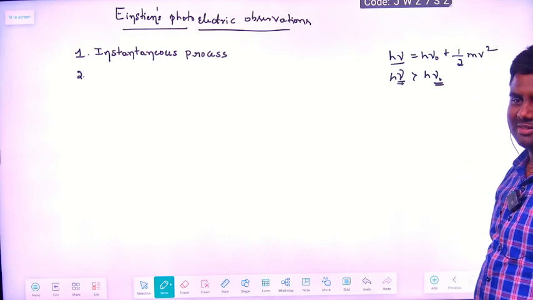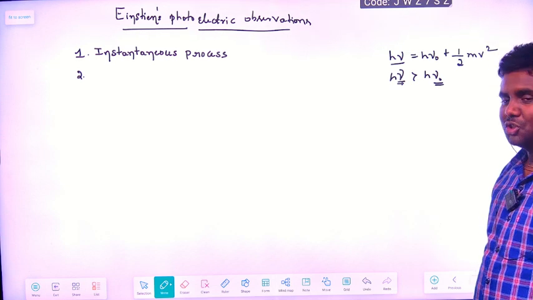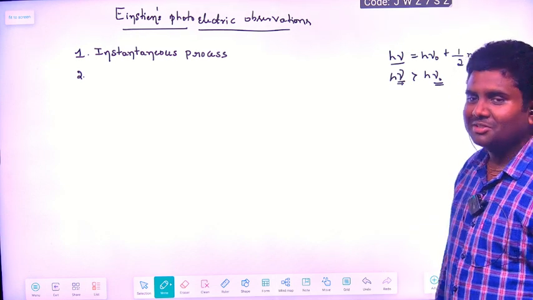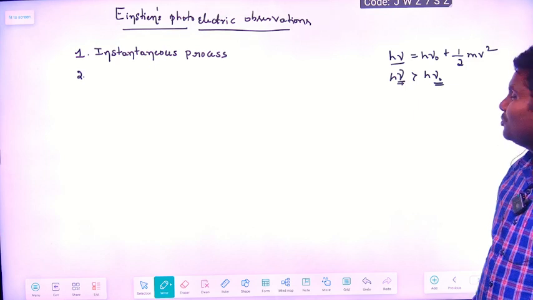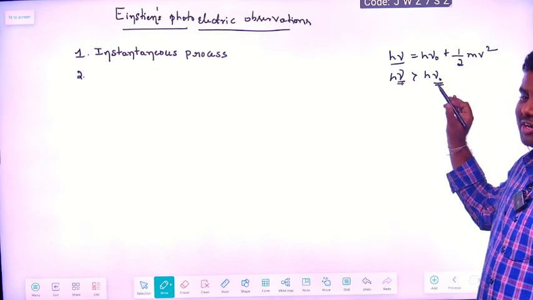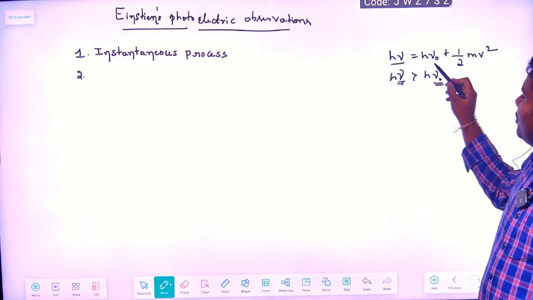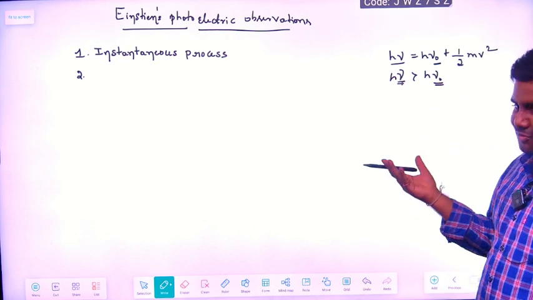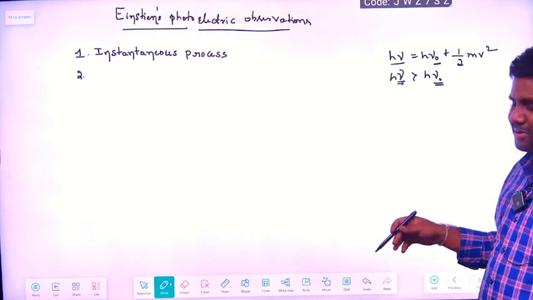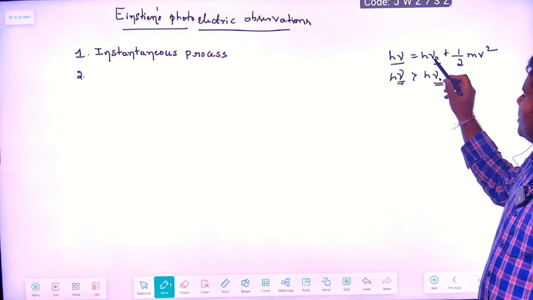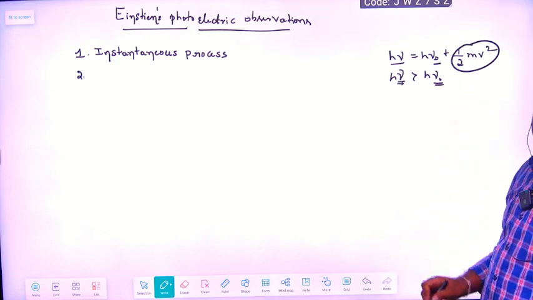Threshold frequency, correct. The incident frequency should be greater than the threshold frequency for the photoelectric effect to take place. If it is equal to the threshold frequency, the photoelectric effect will also take place, because then the half mv square term will not be there.